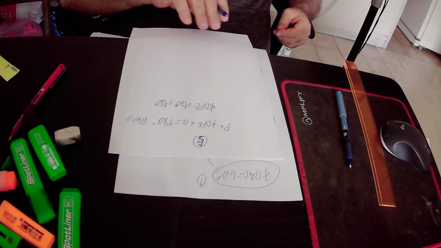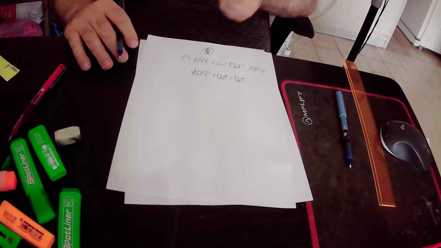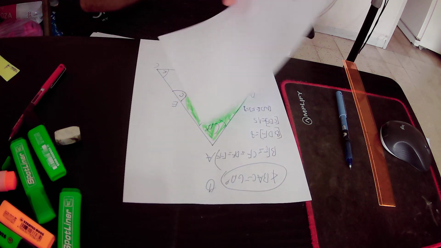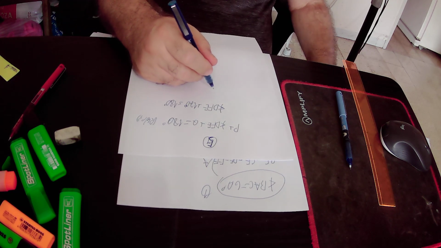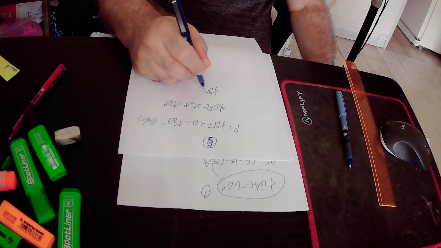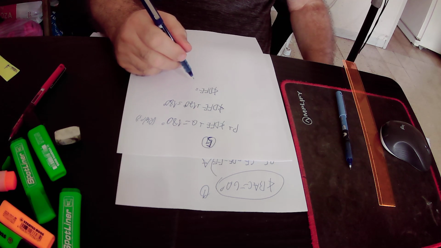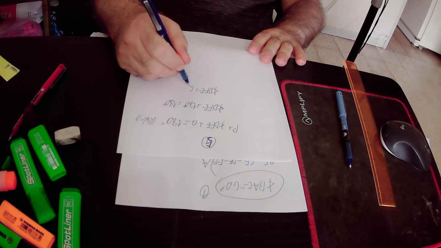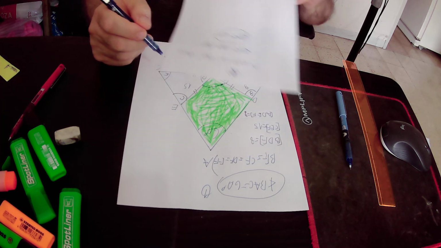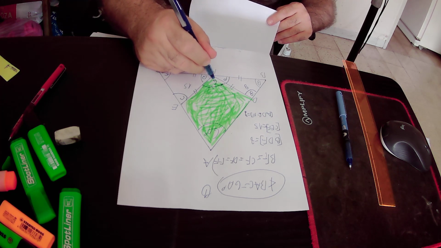So here we will subtract 120 degrees from this equality, and we will get that angle DFE equals 180 degrees minus 120 degrees, which is 60 degrees. Okay, we found out that angle DFE, this angle, equals 60 degrees.